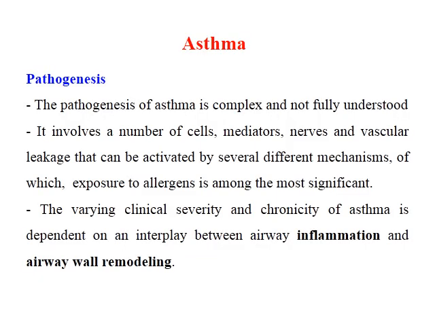When we discuss the pathogenesis of asthma, we can see there is a complex matrix of pathogenesis that may lead to asthma, but mainly the varying clinical variety and chronicity of asthma depends on the interplay between the airway inflammation and airway wall remodeling.